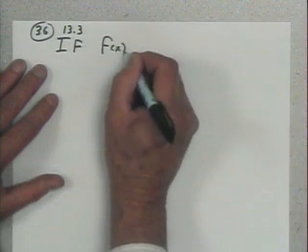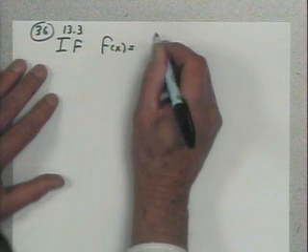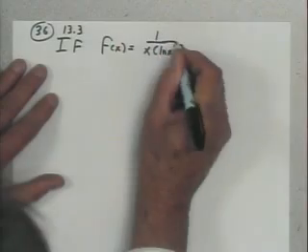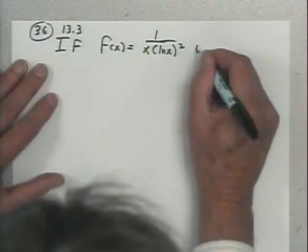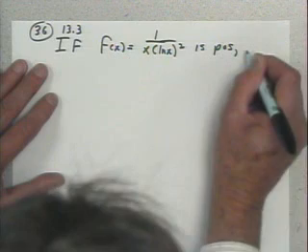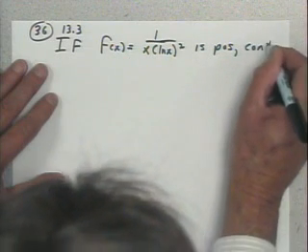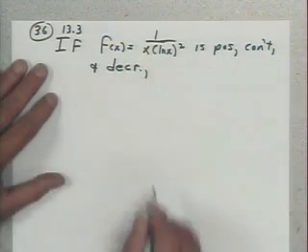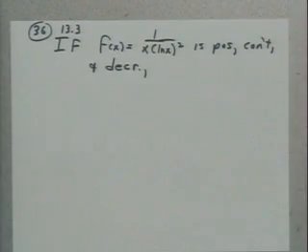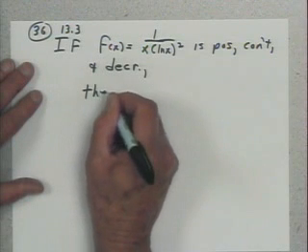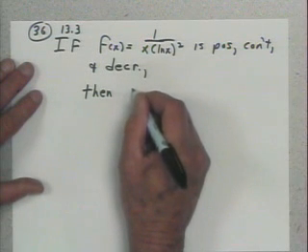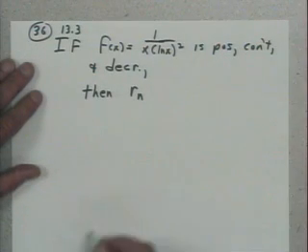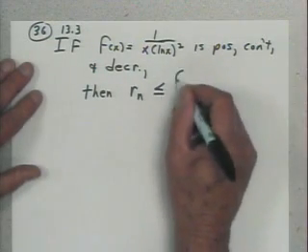Okay, if f of x, which is equal to 1 over x times natural log of x squared, is positive, continuous, and decreasing, okay, has the same conditions as the integral test, then we guarantee that the error, if you sum up n terms, we call that r sub n, is less than or equal to some integral.